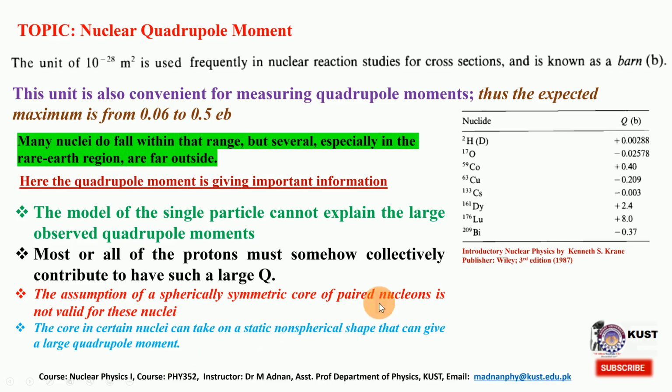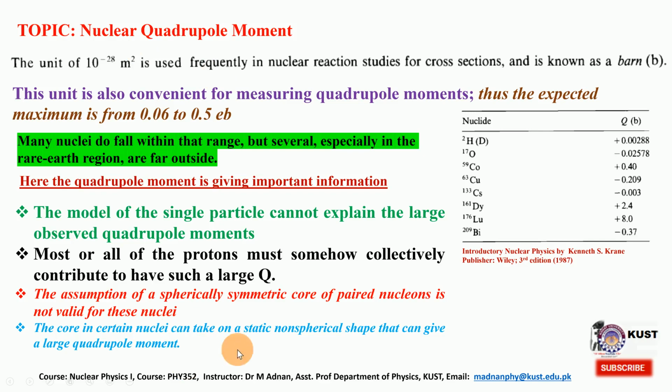If you remember, in the introduction part we discussed that the non-zero value of the quadrupole moments is related to the deviation from the spherical shape, that is, the oblate and the prolate forms, and that can be achieved in the core of certain nuclei as well, so that it gives rise to these large electric quadrupole moments.